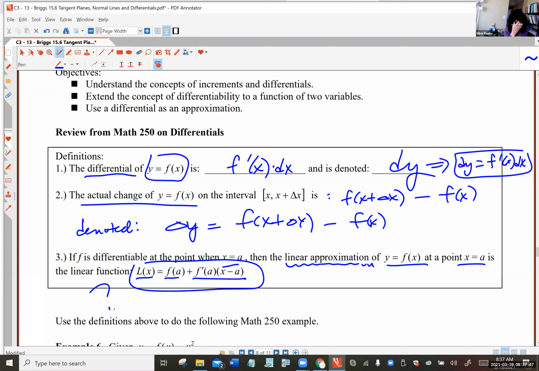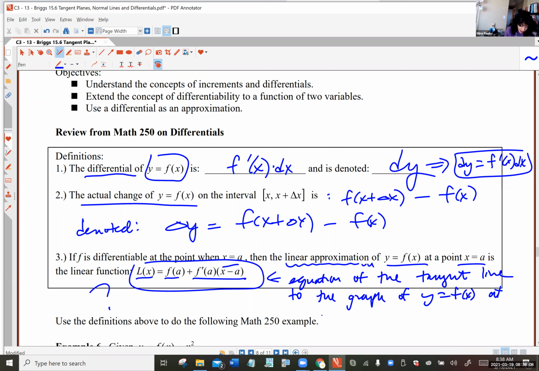Before we do an example from Calc 1, I just want to let you know this is in fact the equation of the tangent line to the graph of y equals f of x at the point when x is equal to a.